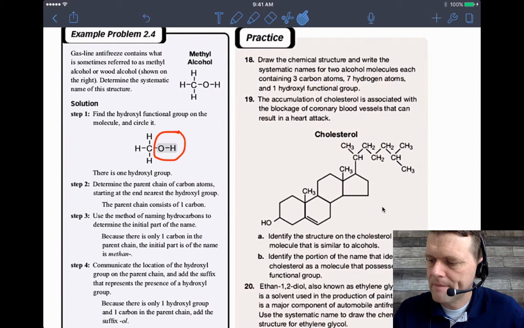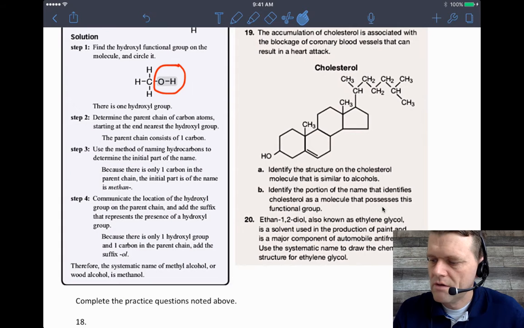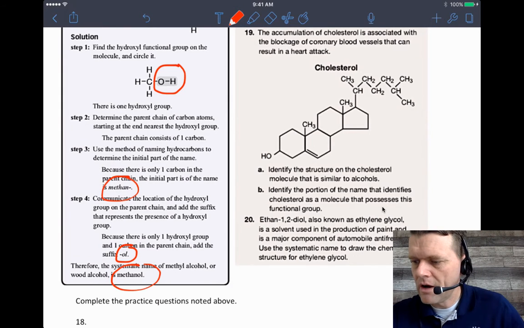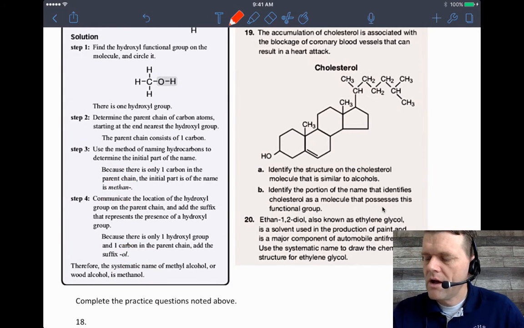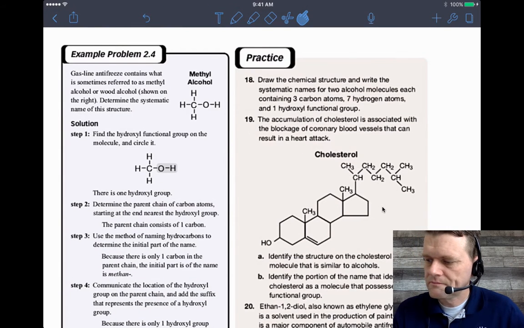To name that, there's only one parent chain, so the initial part of the name would be like you were going to say methane, and then we change it to methanol. There's the OL ending and the first part there, so we combine that and say it's methanol.